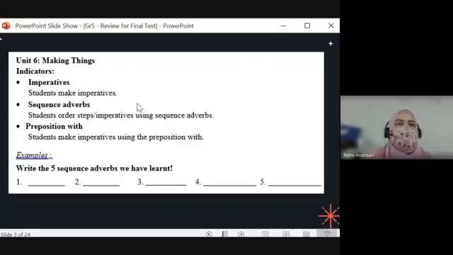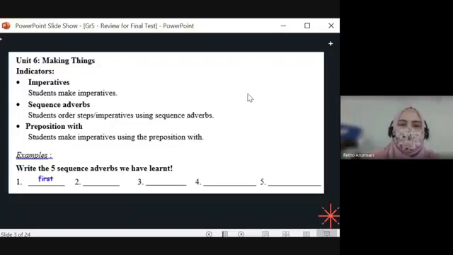Now, sequence adverbs. Sequence adverbs are words that tell you the order of the steps. Write the 5 sequence adverbs that we have learned. What are they? 5C, do you still remember what they are?